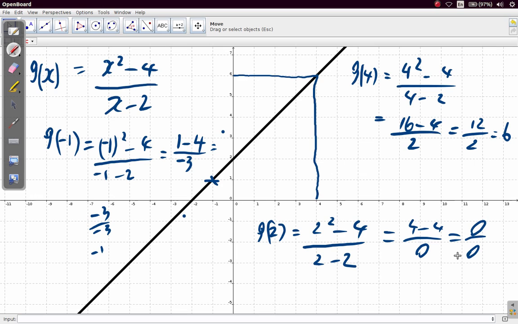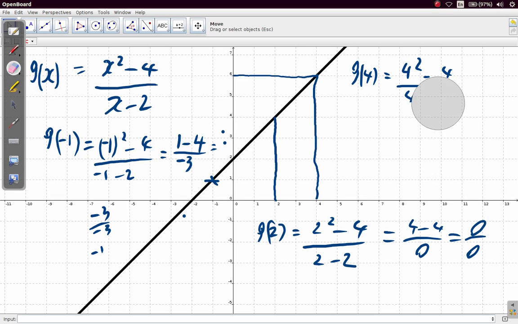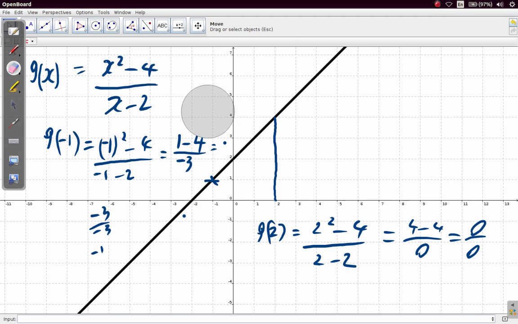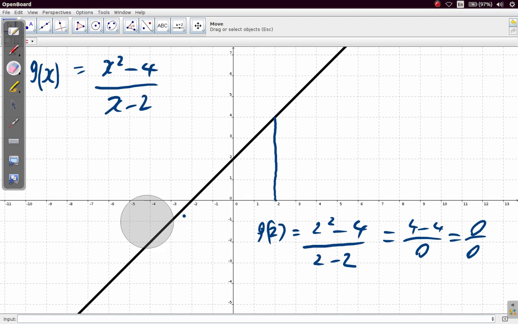There's no continuity at x equals 2. This function is not continuous at x equals 2. Let me just erase the point for 4. I will concentrate on this one since we found a point of discontinuity here.